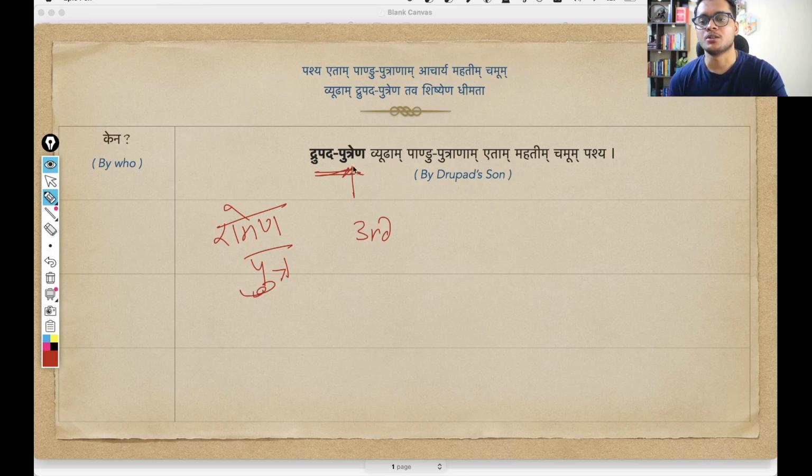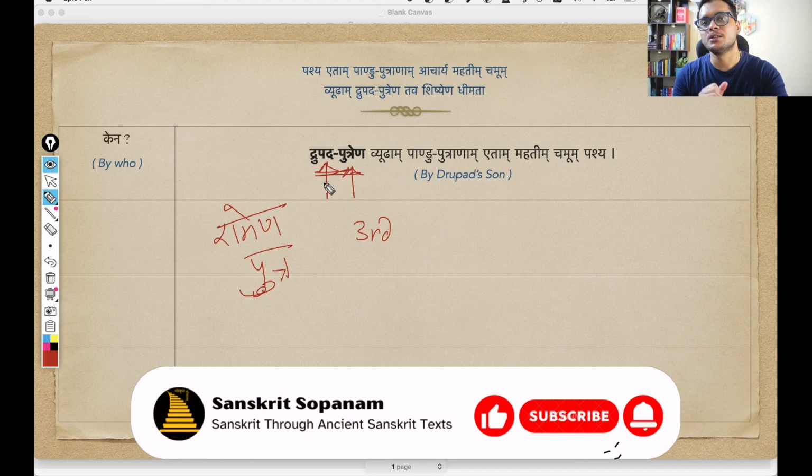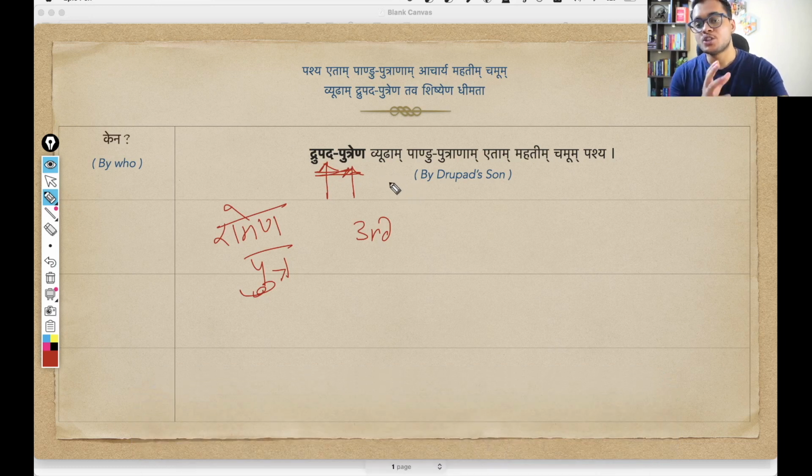And whose son? Drupad's. Drupad was one of the warriors in Mahabharat, fighting on the Pandava side. His son's name was Drishtadyumna. So that arrangement, this Vyudham, was done by Drupad Putrena.